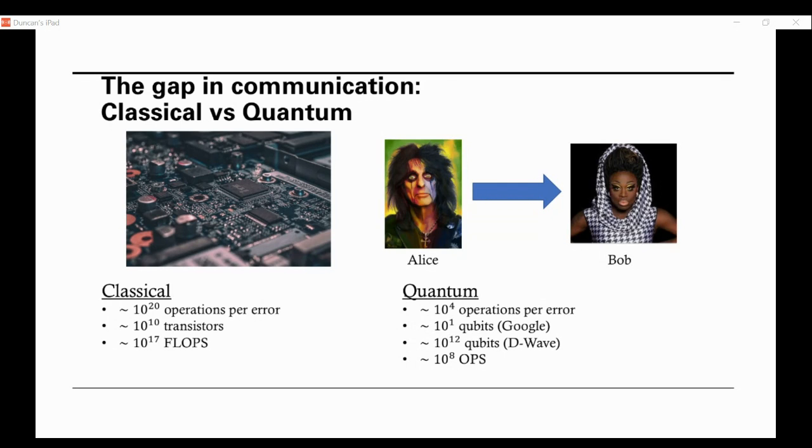As far as other things that might be of interest, right? Some of these supercomputers have 19 billion transistors, around 10 to the 10 transistors. I'm not really sure how that compares to qubits in a system, honestly, but if you look at Google's Sycamore machine that they used to show quantum supremacy, that was 53 qubits.